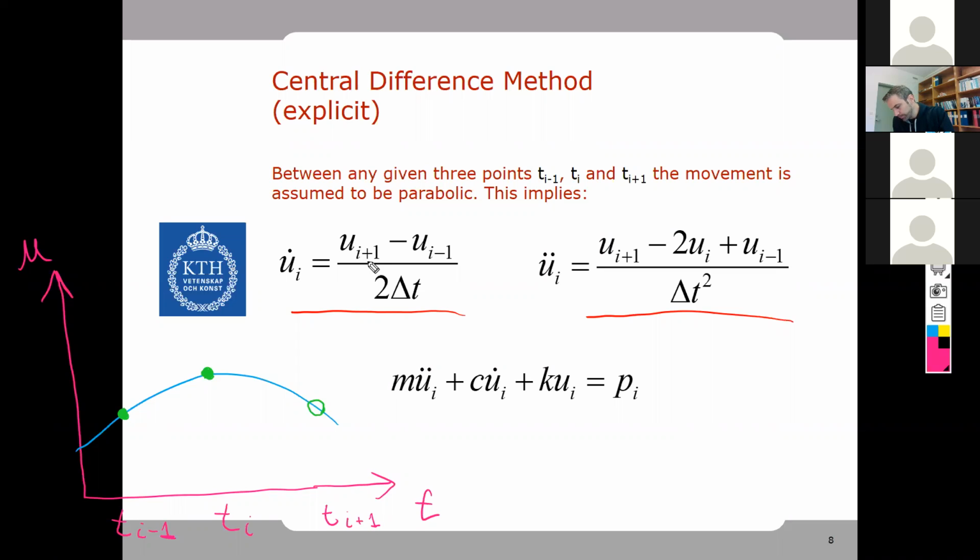As you can see, we are saying here that the speed at this point, which means the slope, right? The speed of something is the slope of the curve.